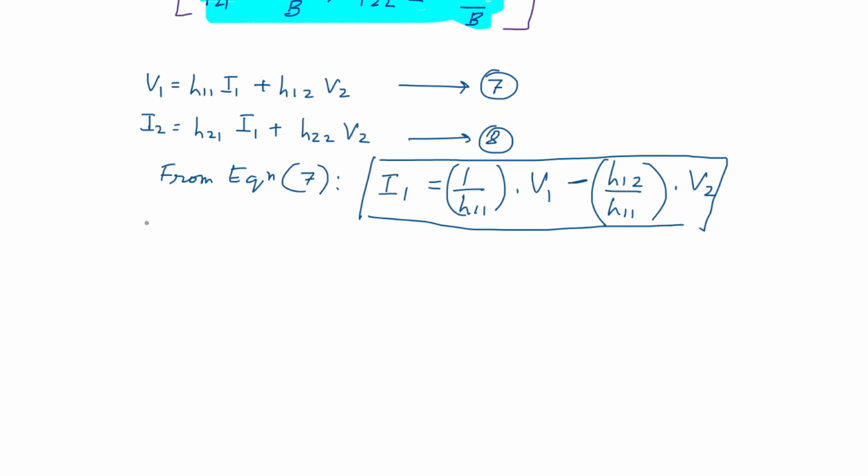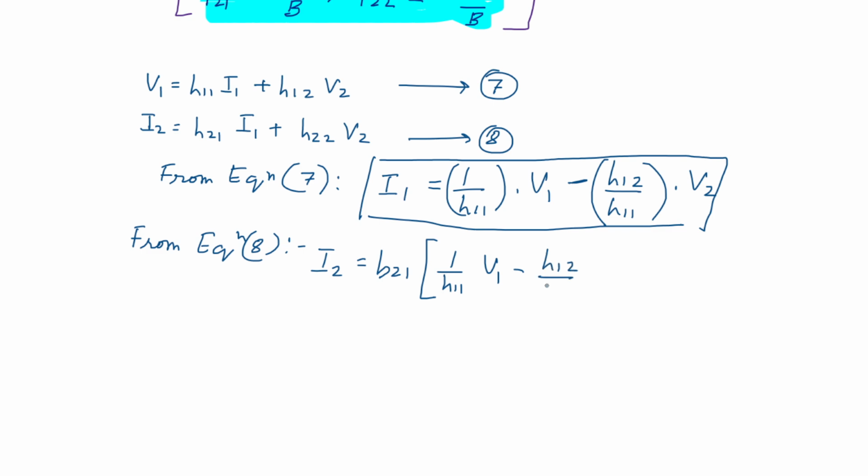And now from equation 8, if you substitute I2 equal to H21 into I1, you substitute 1 by H11 V1 minus H12 by H11 V2, plus H22 V2.